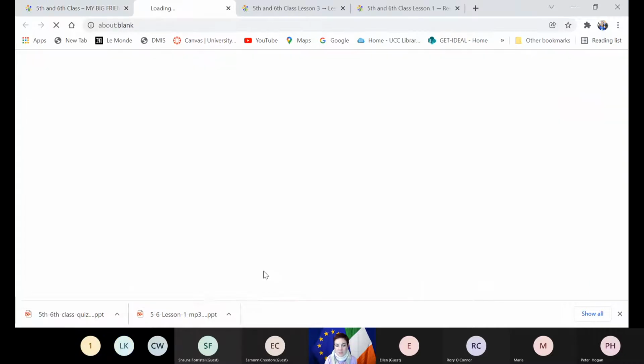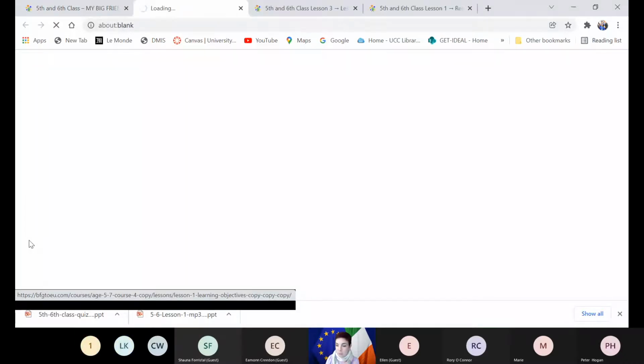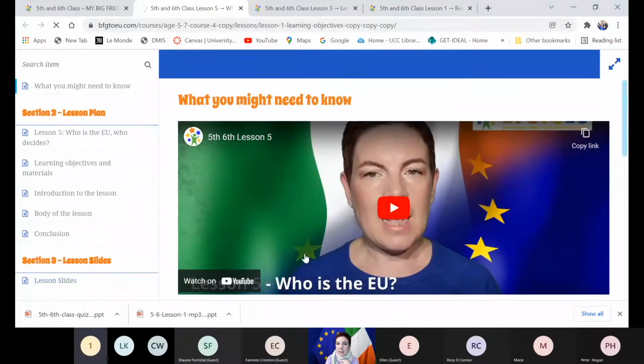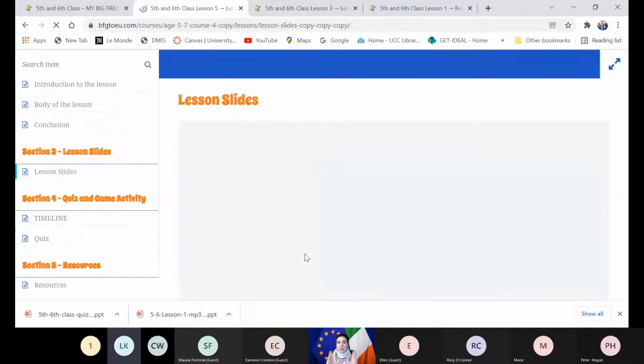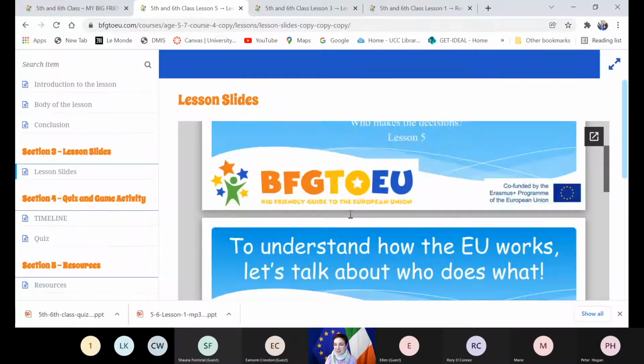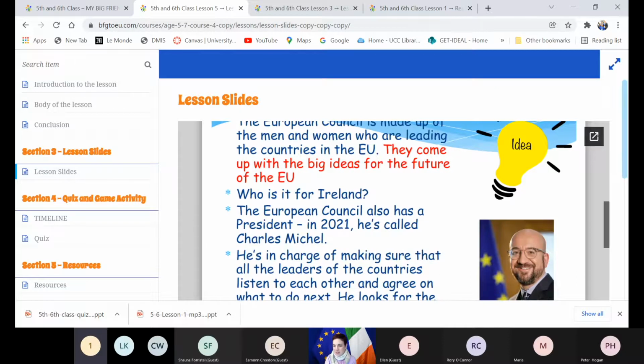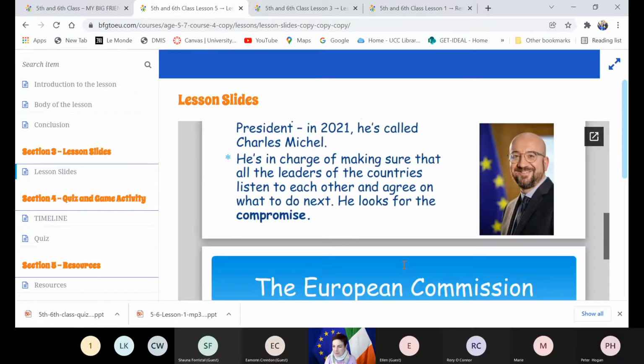And then lesson 5 is about the people in the European Union. Here I'm trying to give a face to the European Union. So I'm bringing in the various presidents. You have the president of the European Council. The European Council is the one that comes up with the big idea.